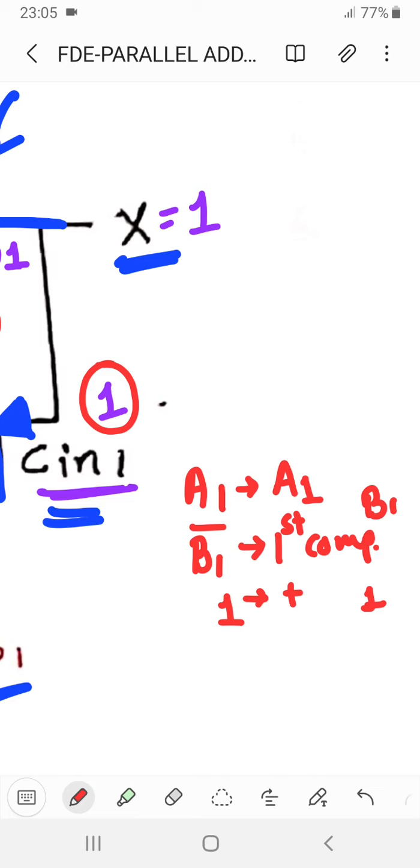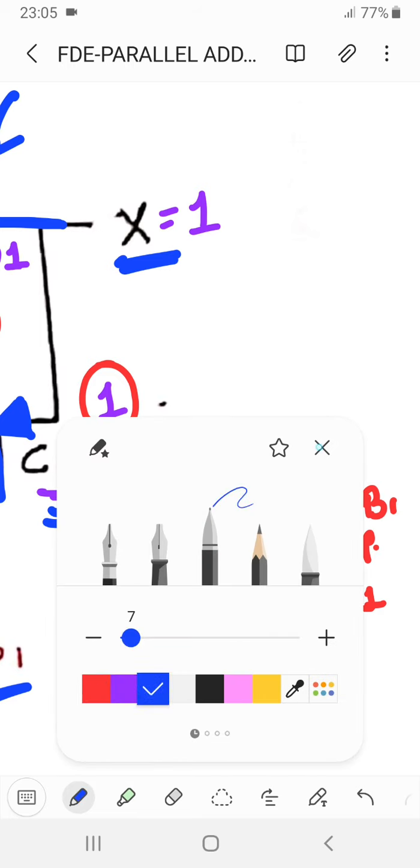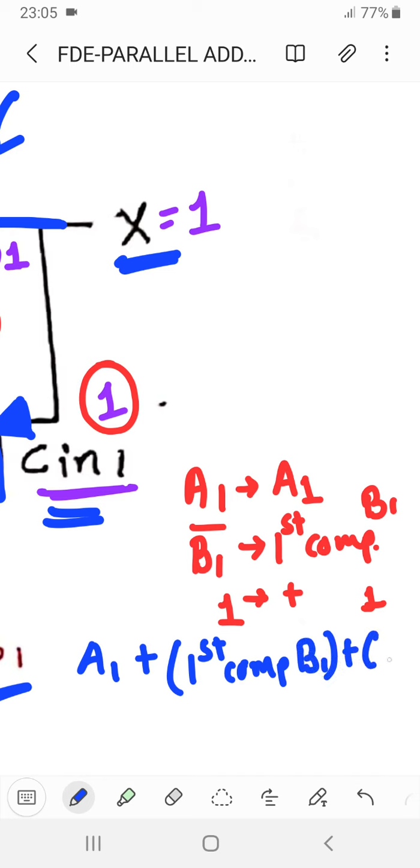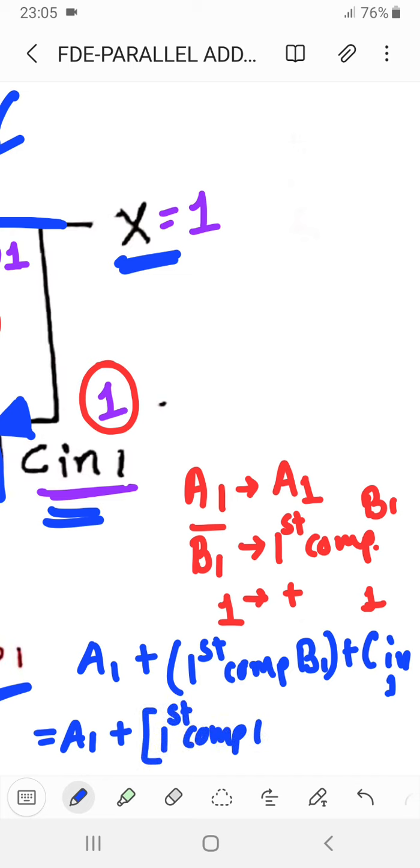So it gives us the idea like this. Here your A1 plus first complement of B1 plus C in 1. So what happened? A1 plus first complement of B1 plus 1.